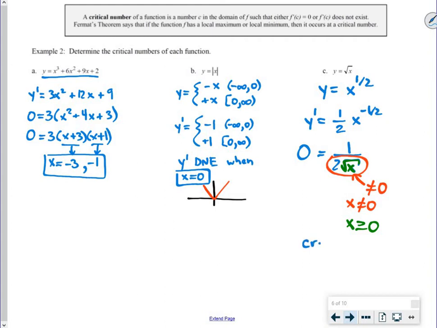Critical value when x is equal to 0. And you can graph that as well if you like. The graph of the square root of x, the positive square root of x, would look like that. And we bump into issues at that point.